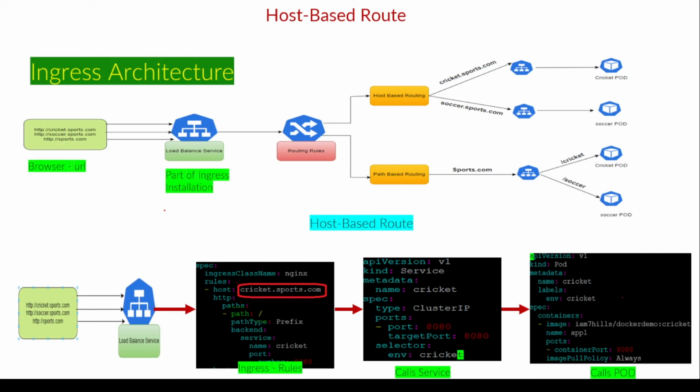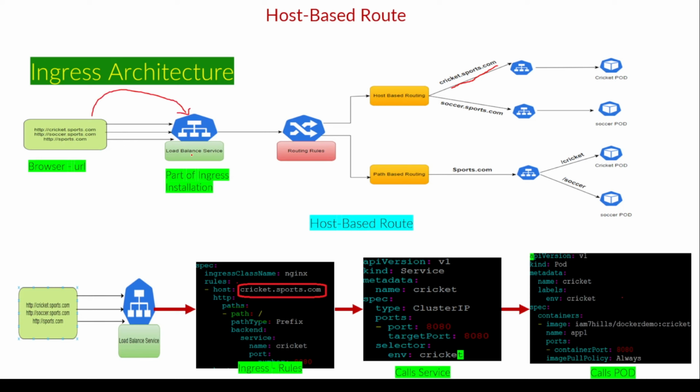So let us assume that I am the user who is going to access this URL in my browser. This is my URL which I'm going to access from the browser. The moment I hit http://www.cricket.sports.com in my browser, it will go to your load balancer.